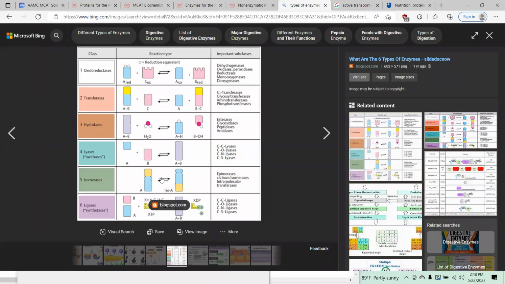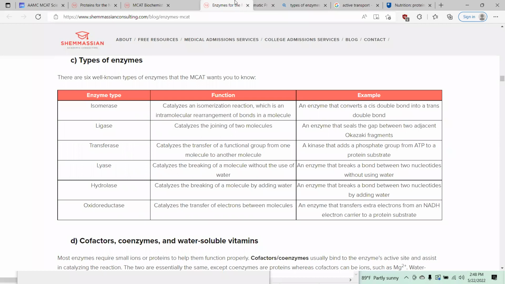This looks good. Okay, so an isomerase is going to rearrange molecules. These have the same components, but in a different structure, different order. So that's an isomerase.